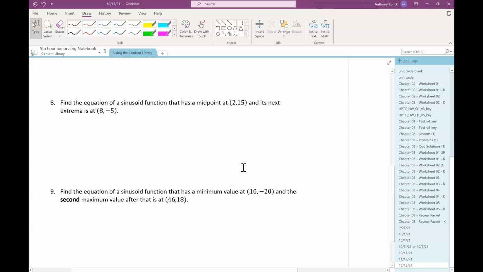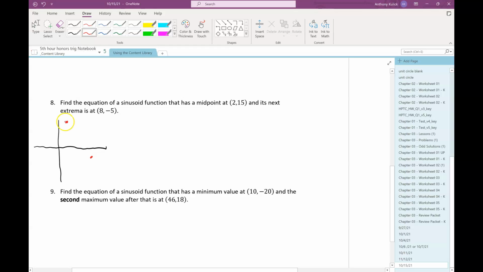So, similar kind of question. I'm going to start by drawing a picture because, again, I'm given just two points, and I think a picture is often quite helpful. So let's see. 2, 15 is probably there, and then 8, negative 5 would be over there.